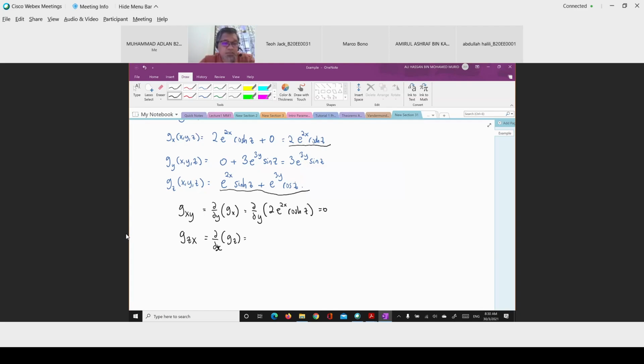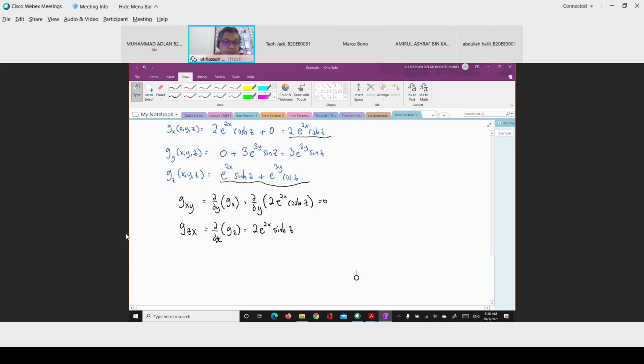The derivative with respect to X is 2e to the power of 2x sinh Z, and the second term is independent of X, so it is 0. So this is the answer.